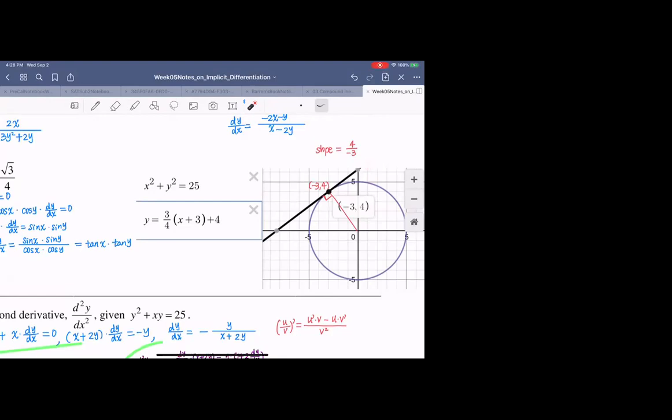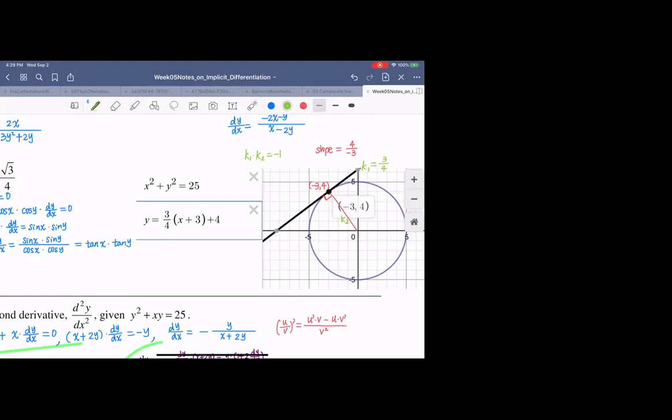K1. I do want to refresh all those things you learned a long time ago. K1 times K2 is -1. Okay? K1 times K2 equals -1. So K2 equals -4/3. So K1 should equal 3/4, right?